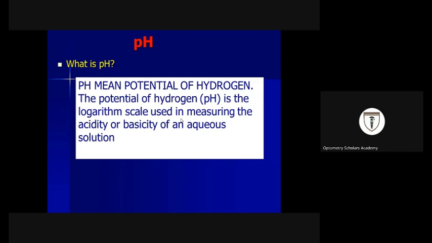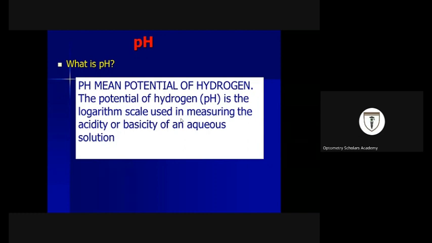So it's the same thing. Here in medicine, in drugs, in pharmacology, pH, known as the potential of hydrogen, is the logarithm scale used in measuring the acidity and basicity of an aqueous solution.